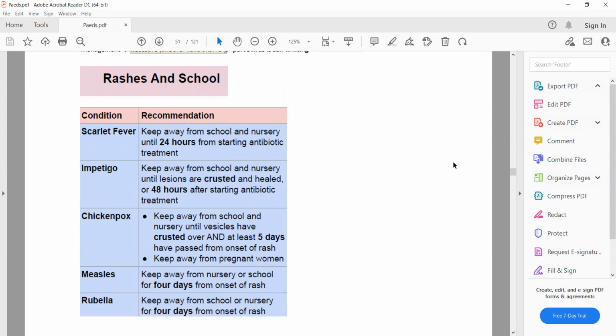In impetigo, the child will be kept away from school until the lesions are crusted or 48 hours after starting antibiotic treatment. Similarly, for chickenpox, either the lesions are crusted or 5 days have passed from the onset of the rash.